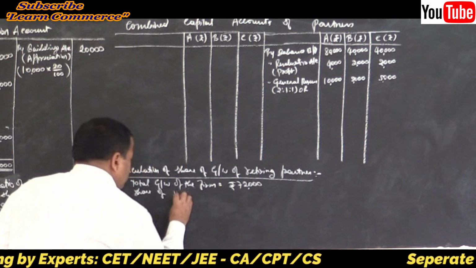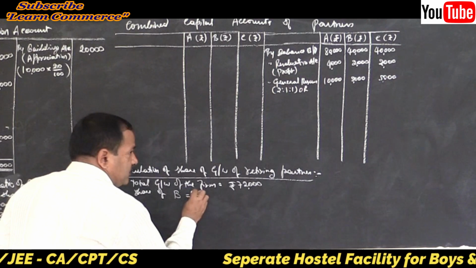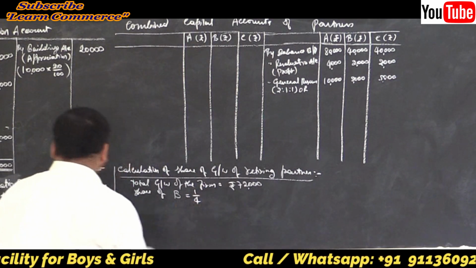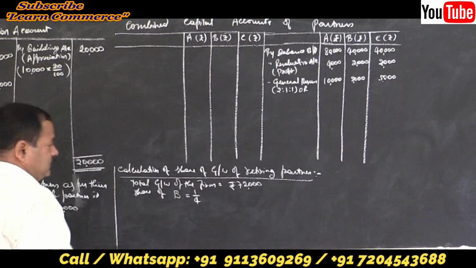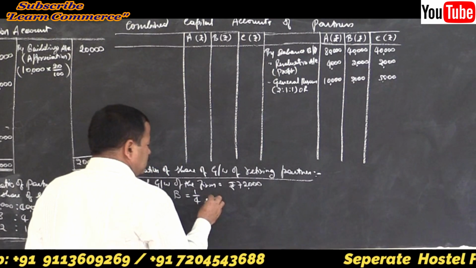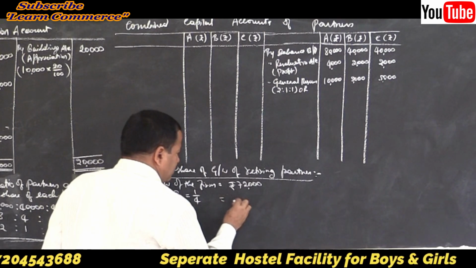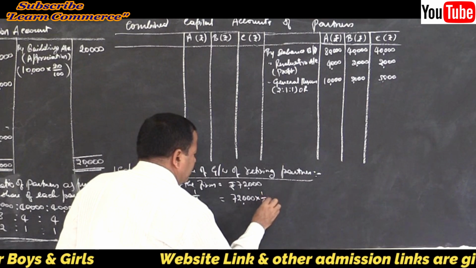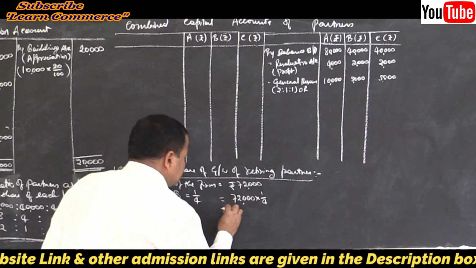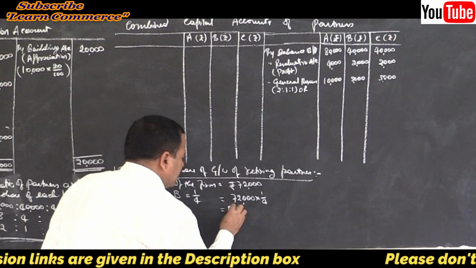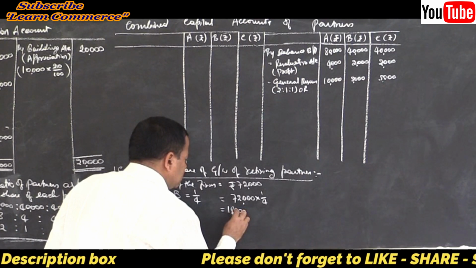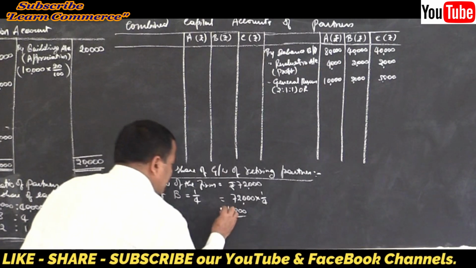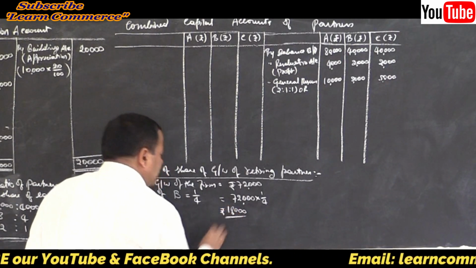So the share of Bhimu is equal to how much? 1 by 4. That is 72,000 into 1 by 4, so it is 18,000. 1 by 4 means 18,000, right? Make it rupees 18,000.